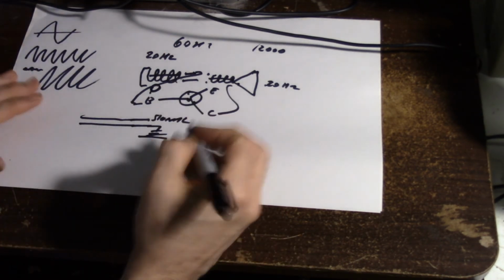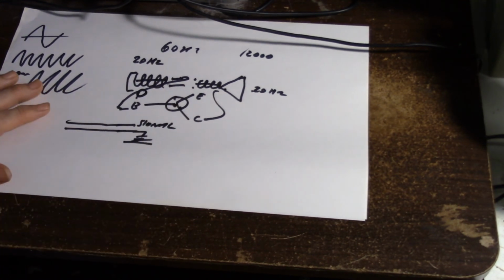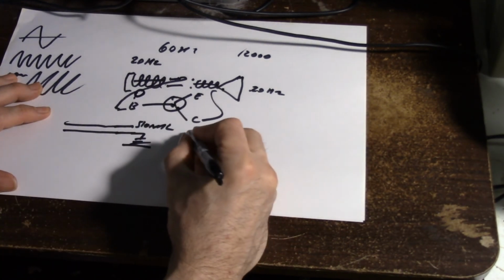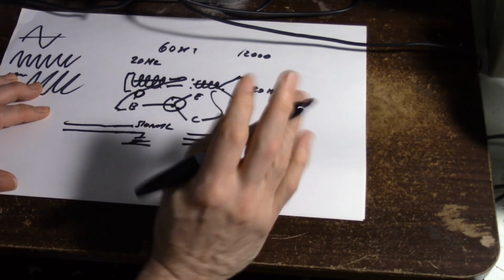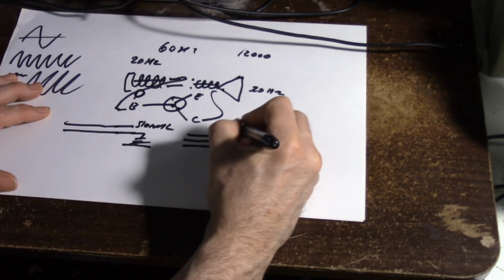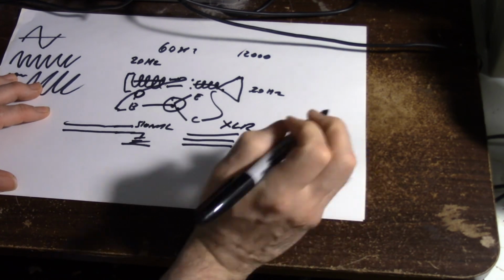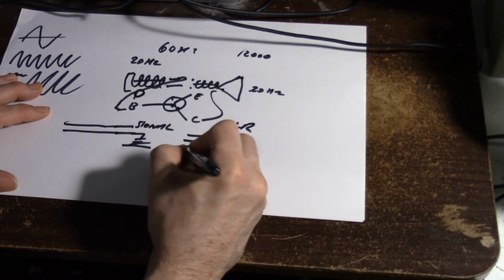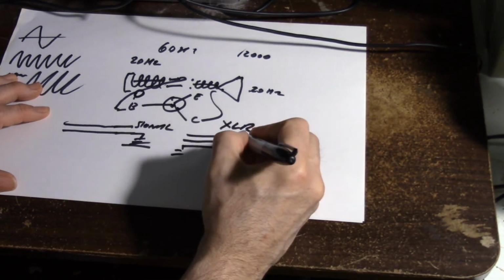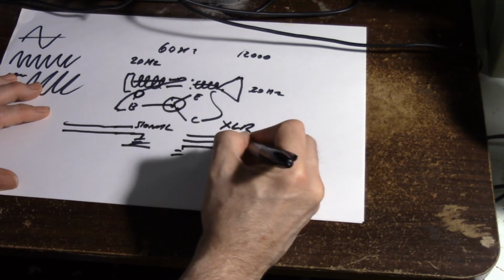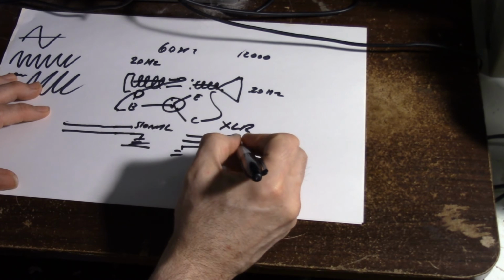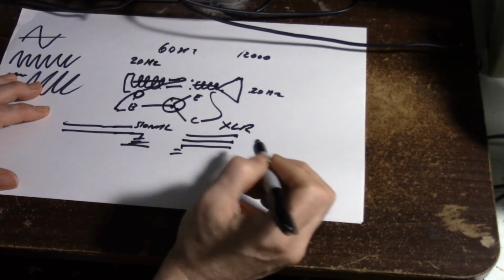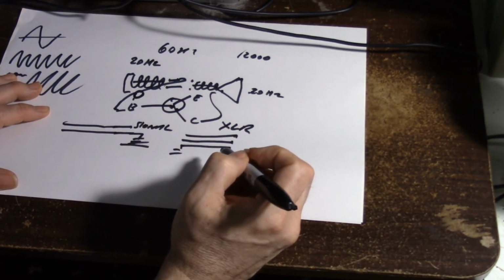Who knows? So the professionals have done something a little bit different. They use a 3-wire system inside the cable. It's 3 pins. It's called XLR. With this system, you have a separate ground. So what happens is that both of the outputs from the coil of the microphone are connected instead of just one, and you have a separate ground cable.